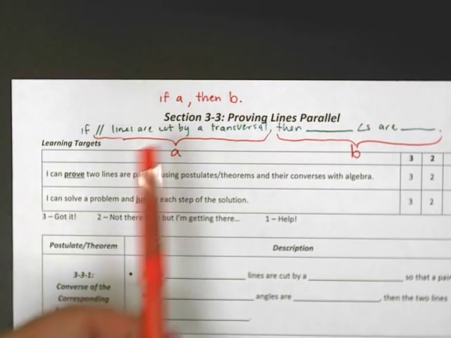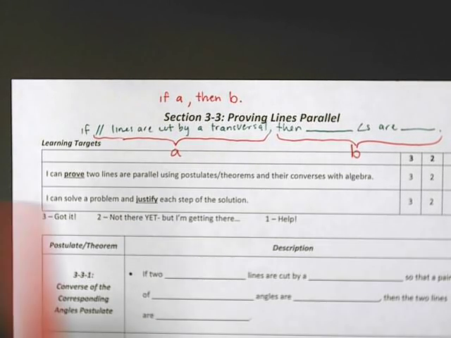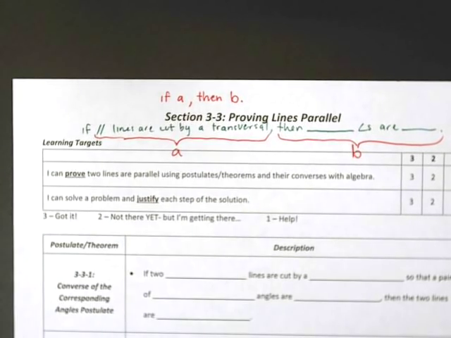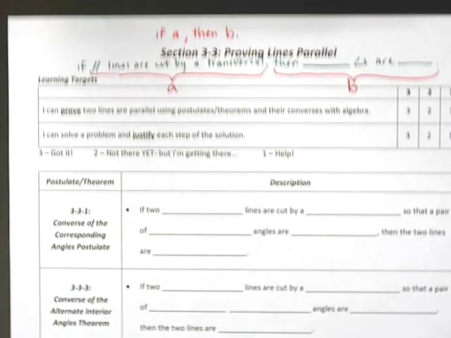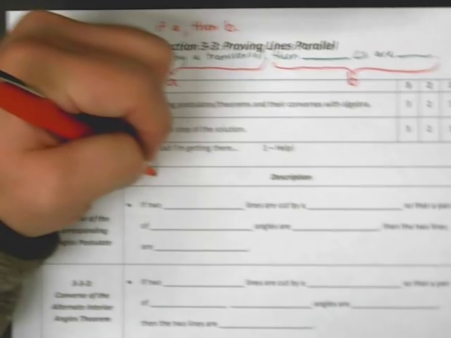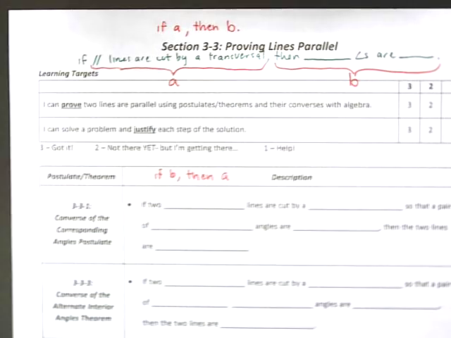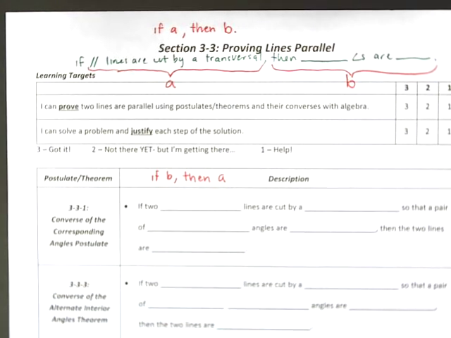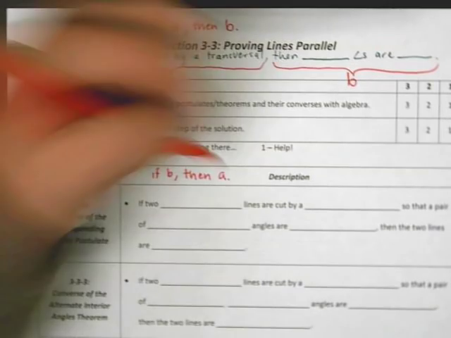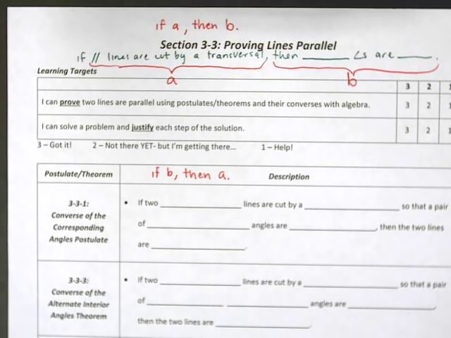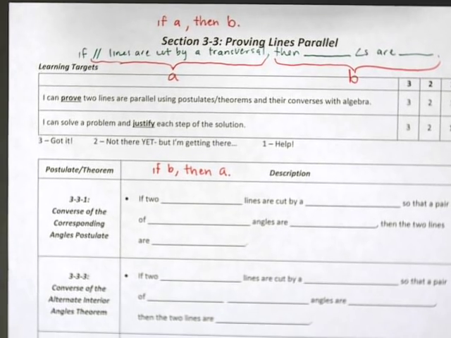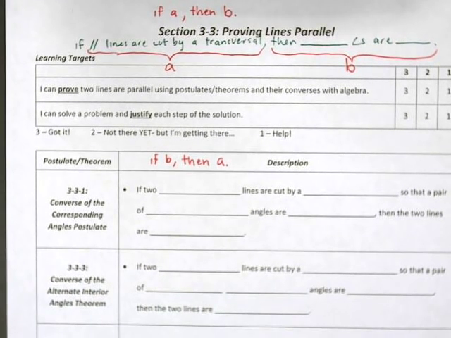If in 3.2 we said if A then B, well then what we're going to do now is say if B then A. Hopefully we can start to see what's going on. It should show up within the first few boxes, and I think you're going to understand what I'm talking about.